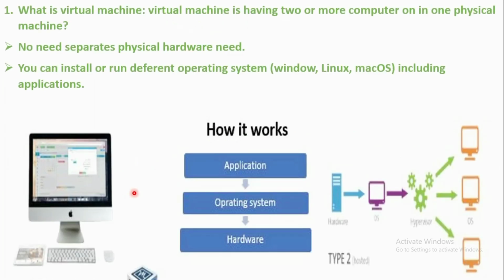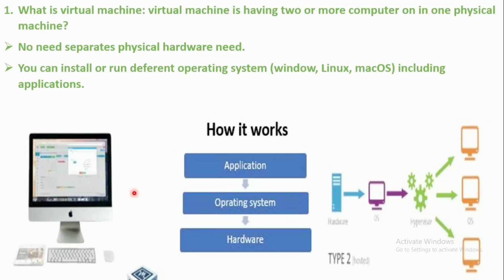Okay, the first one is what is virtual machine. Simplest way to explain: a virtual machine is having two or more computers in one physical machine. You can run multiple operating systems in one physical machine. No need to buy separate physical hardware.